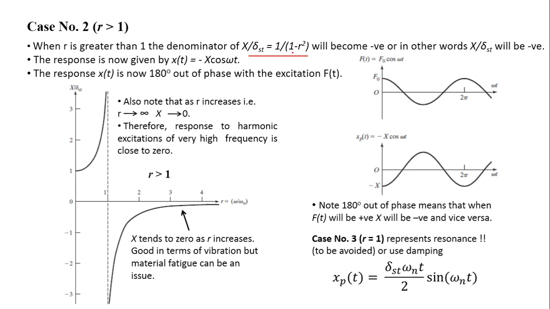So the curve will now start from the negative y-axis, and you can say that the response is now 180 degrees out of phase with the applied excitation, because we now have a negative sign because of this denominator getting negative. So the response x(t) is going to get negative. This means that it is out of phase, 180 degrees out of phase.